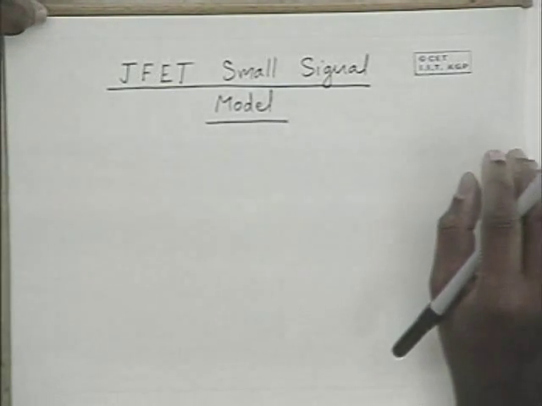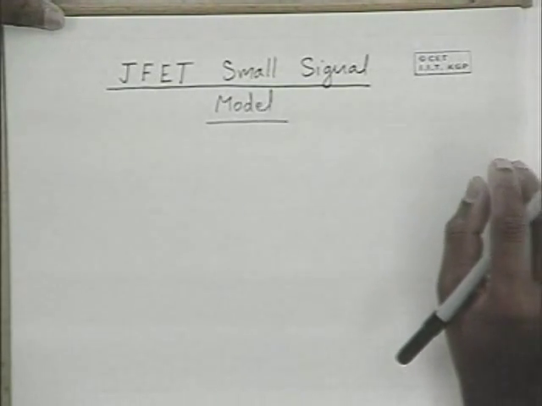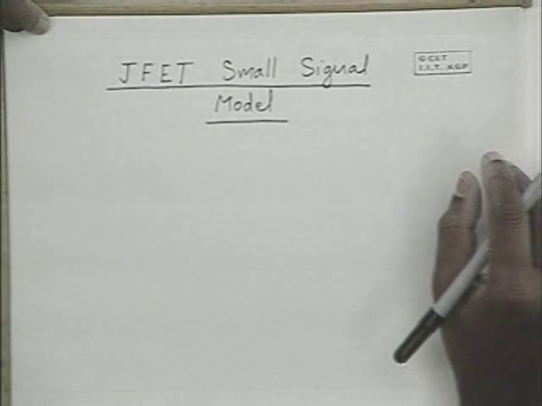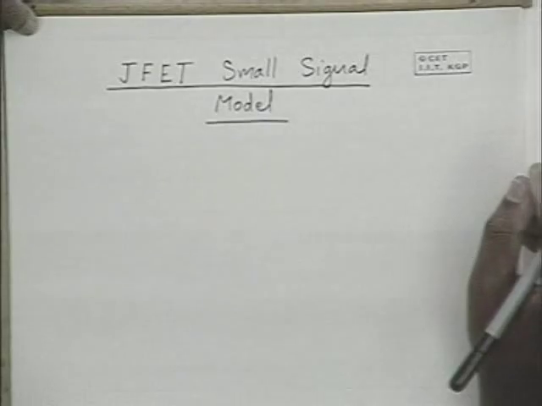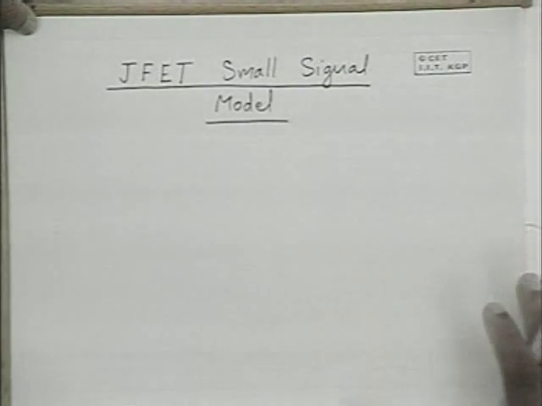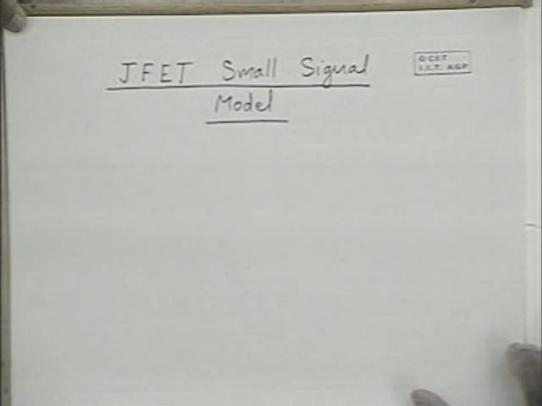So this model comes from the characteristics of the field effect transistor itself, like the bipolar junction transistor. And this is useful for us to analyze the amplifiers and determine the performance like voltage gain, current gain, input impedance and output impedance.